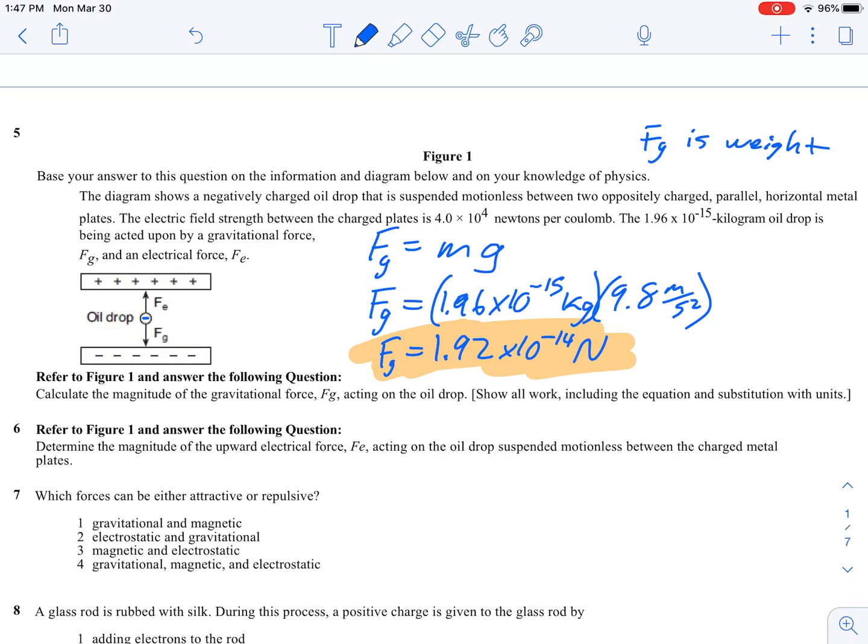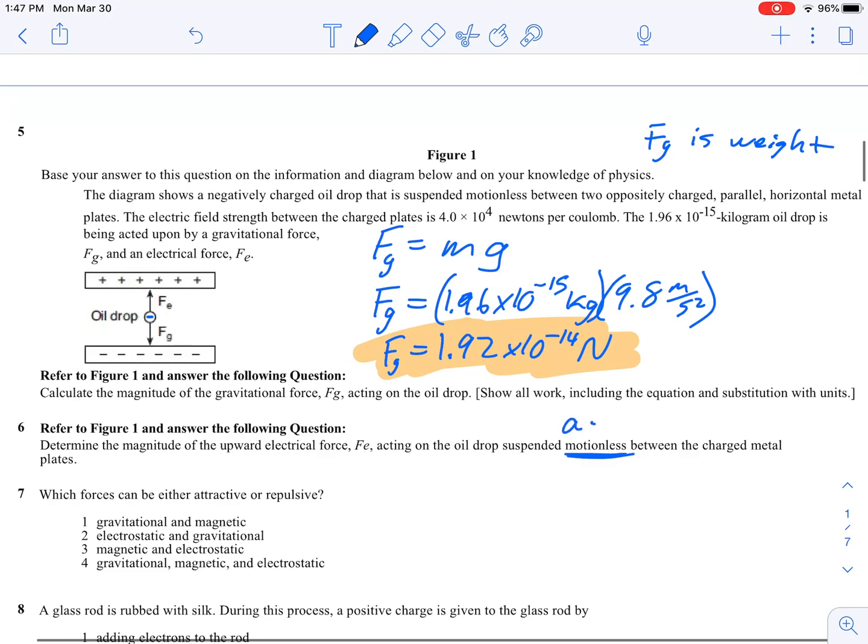Now 6 says, determine the magnitude of the upward electrical force acting on the oil drop suspended motionless between the charged plates. Well, let's think for a second. It says it's suspended motionless. It is not moving, it's not going to move, it's just stationary. So a is equal to 0.